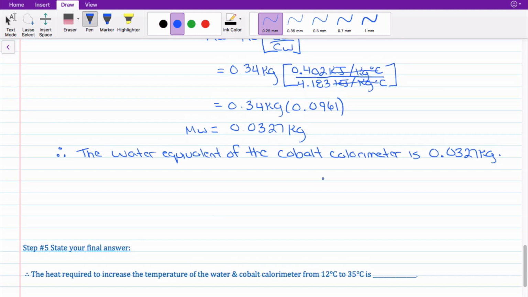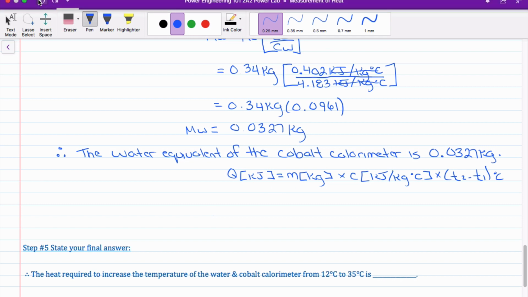So to do that, once again we'll use the Q in kilojoules equals our mass in kilograms times our specific heat in kilojoules per kilogram per degree times our temperature rise, so T2 minus T1 degrees Celsius. So we put in our variables. I'll have to back up here, I'll run out of room.